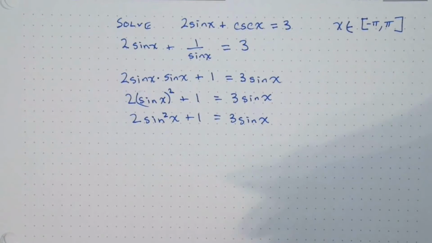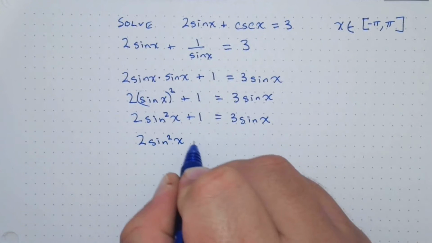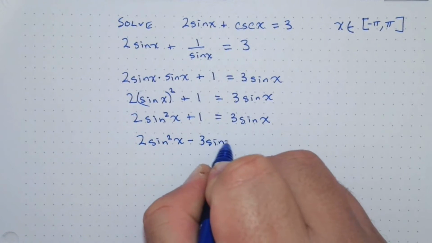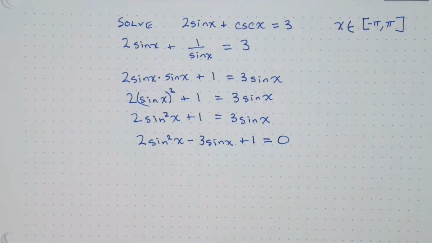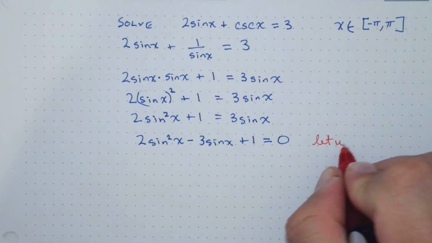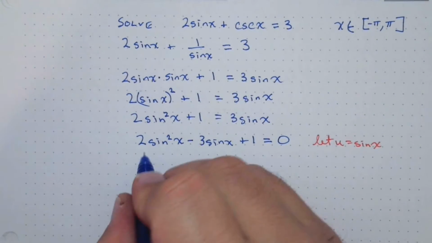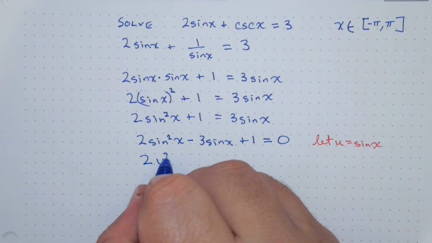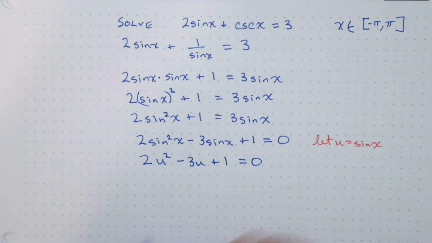Okay. Moving things around, I've got 2 sine squared of x minus 3 sine of x plus 1 needs to be equal to 0. Let's make a u substitution. Let u equal the sine of x. So I have 2u squared minus 3u plus 1 equals 0.